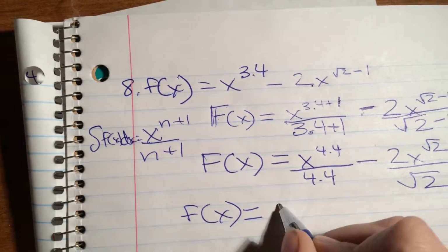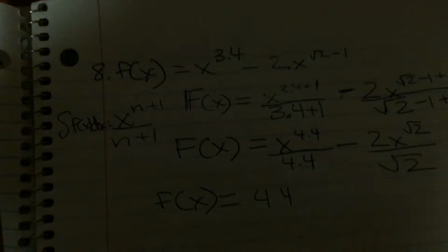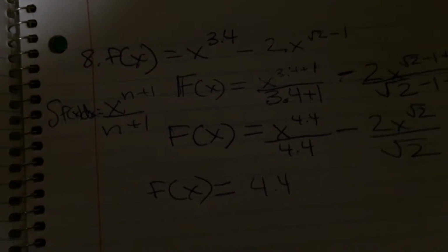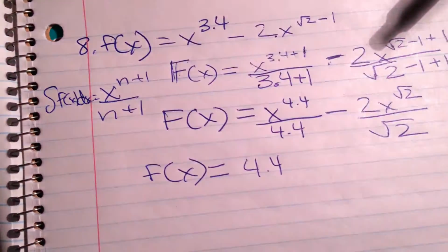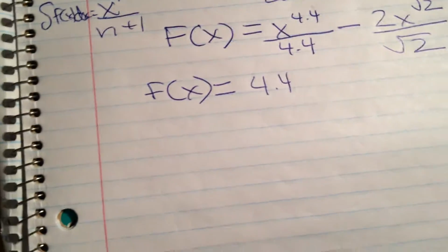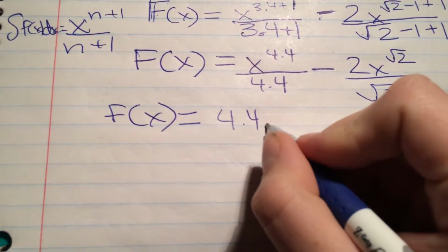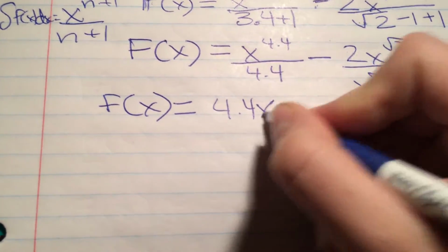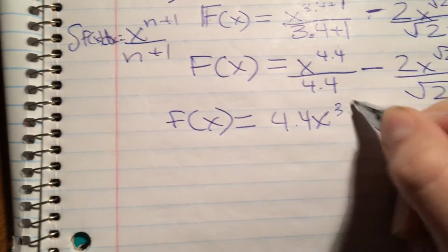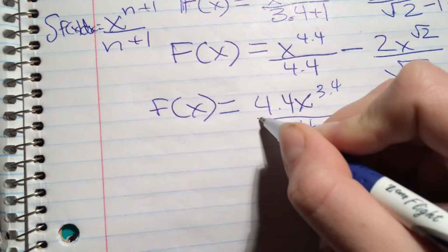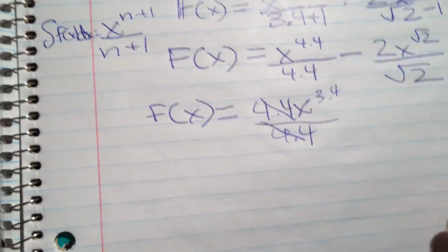So using the power rule, I take it down, 4.4 x to the 3.4 all over 4.4. So cross those out or cancel.